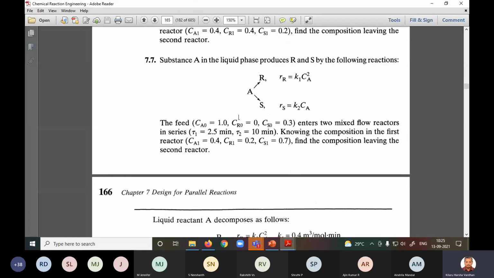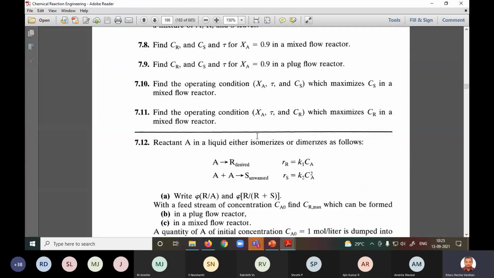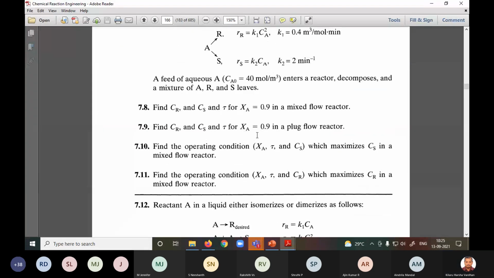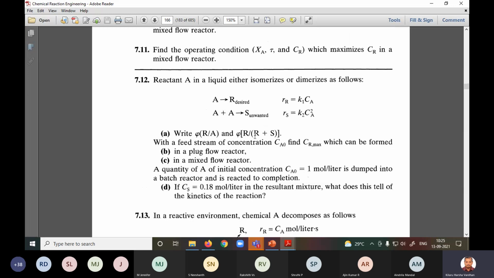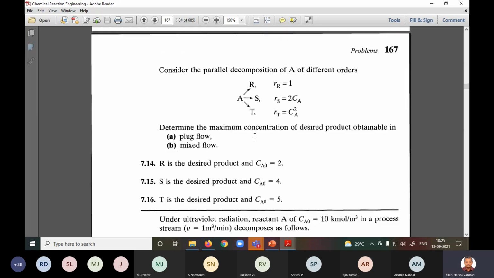These entire problems are very important because parallel reactions are a bit tricky to understand, especially calculating the instantaneous and overall yield. Please try to do some 2-3 problems so that you will understand much better.